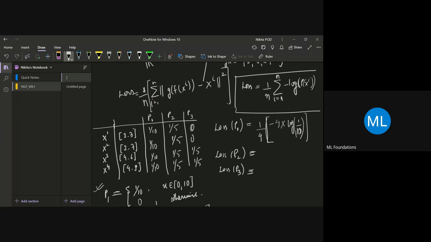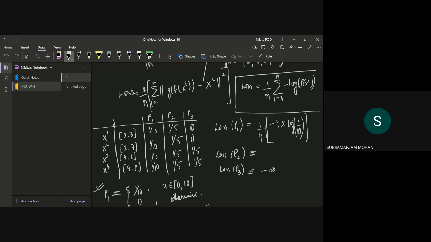So when you solve for it, you will get the loss of P3 to be minus infinity, and these will be some constant value which is greater than 0. So the loss of P1 is what? It is 9.2. I haven't calculated it, but let me check.